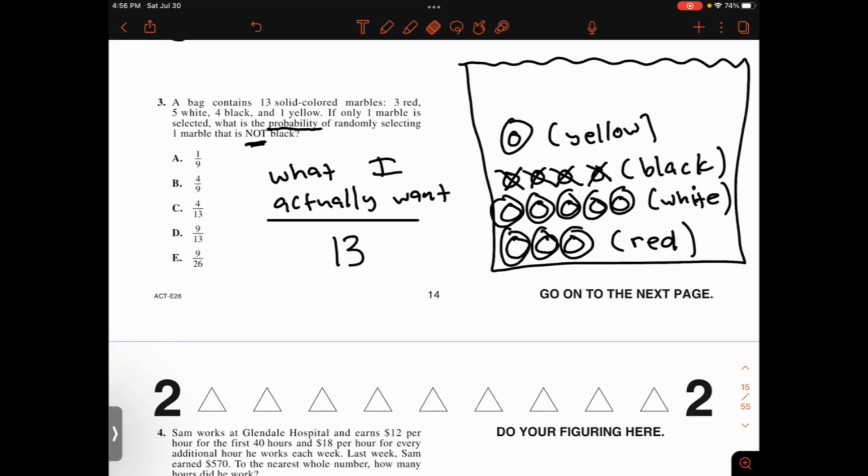I have 9 other options that I actually want. So this is 9 over 13. And so my answer is D. And that is how you do the first page of the 2022 June ACT math section.